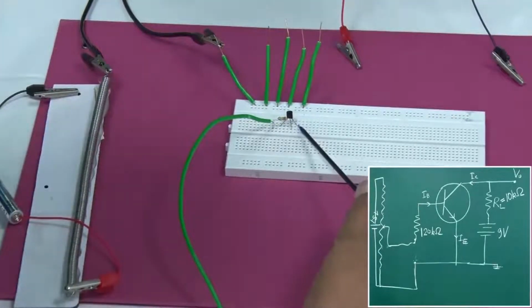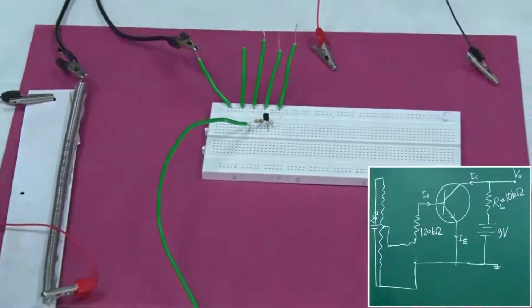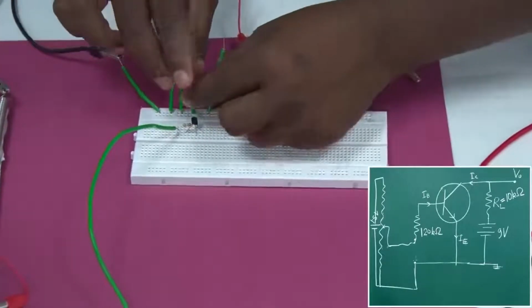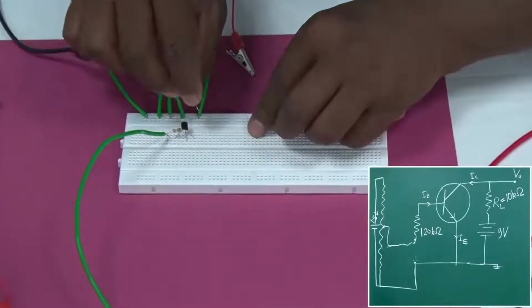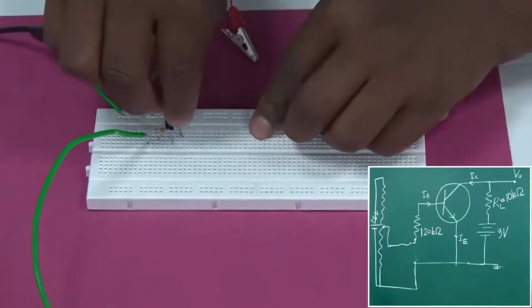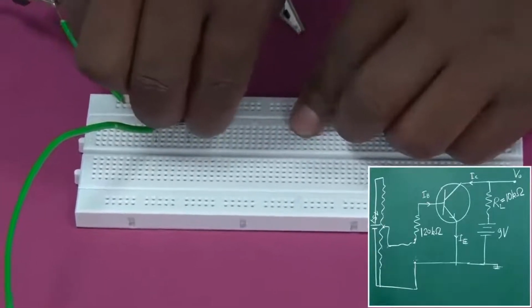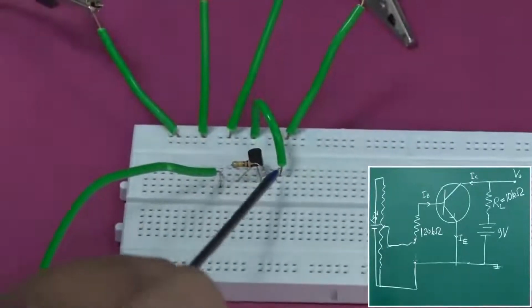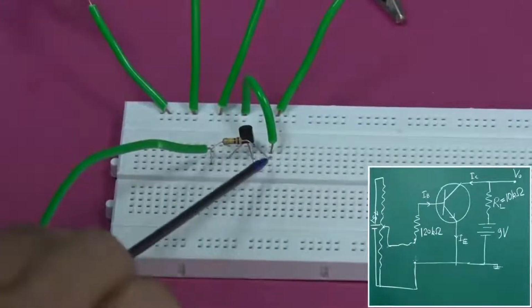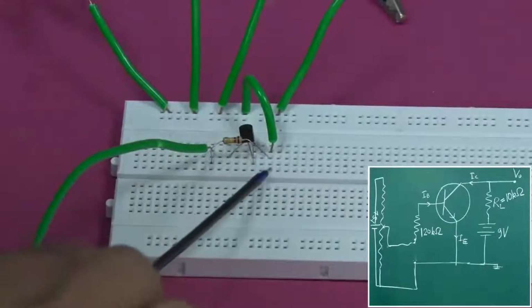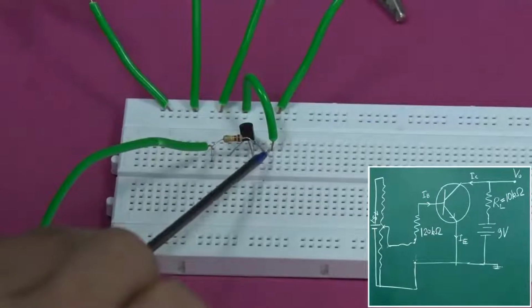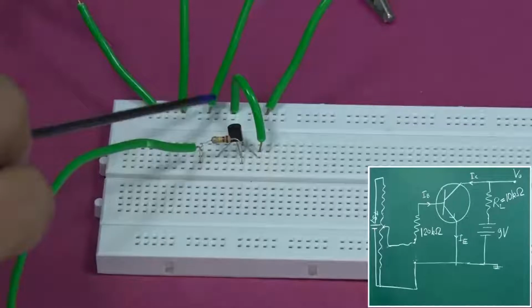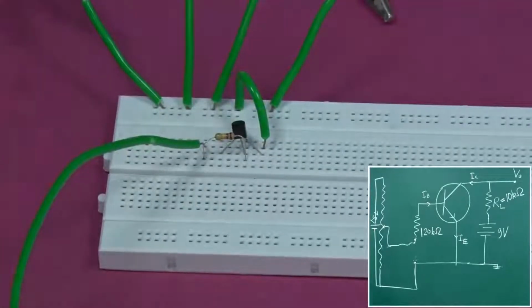So, this should be connected to the ground. Good. So, this is the emitter, and on the same line along the width we have added this. So, this emitter gets connected to this point, and this point is connected to this ground 0 potential line. So, the emitter part is over.